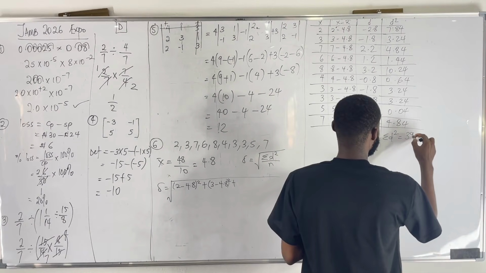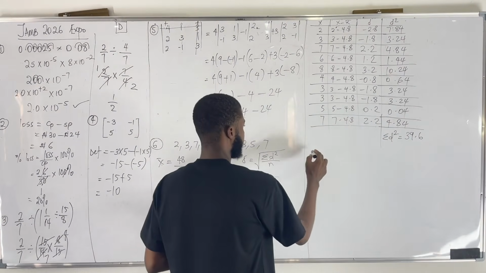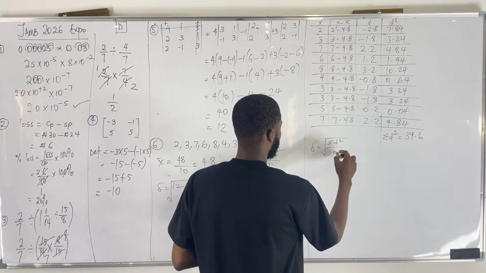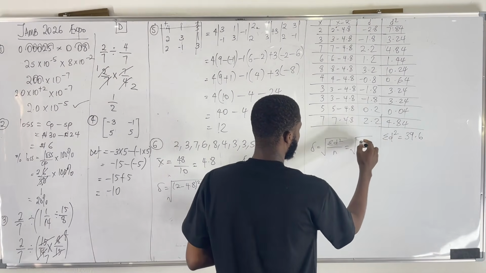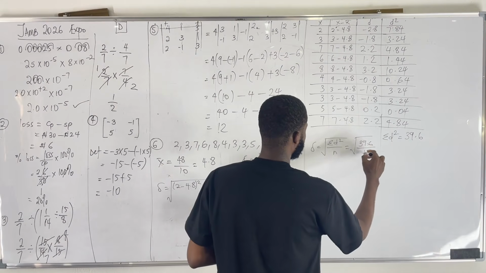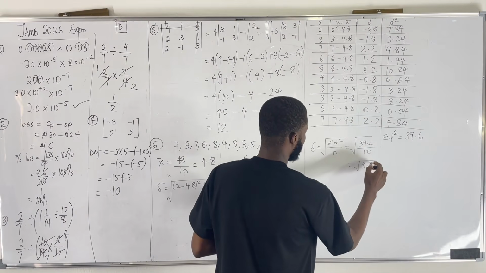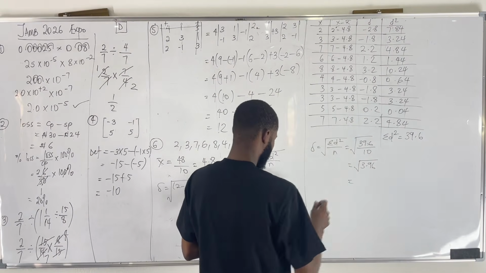Okay, so this is 39.6. All right, so our standard deviation is the square root of the sum of our deviation squared over n. So this is the square root of 39.6 over 10, because there are 10 numbers. So this is now the square root of 3.96.